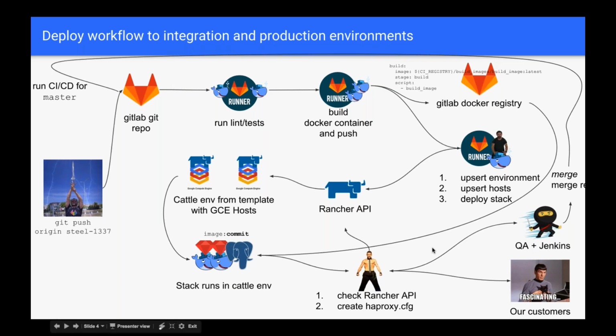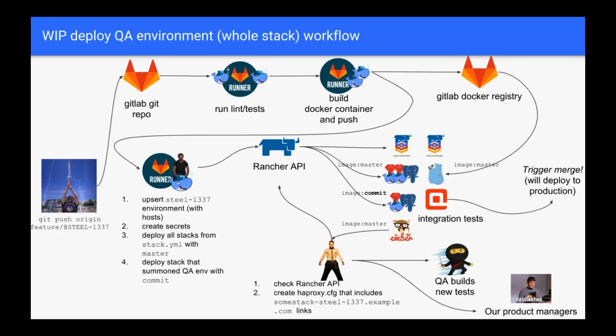In our current workflow, we deploy either to an integration environment or sometimes we create new environments. The QA guys will look at that and then merge it, and then the whole cycle starts again with a master branch, and this will end up deploying our master branch to our production instance. Okay, so that's the basic deploy workflow that we have running right now.